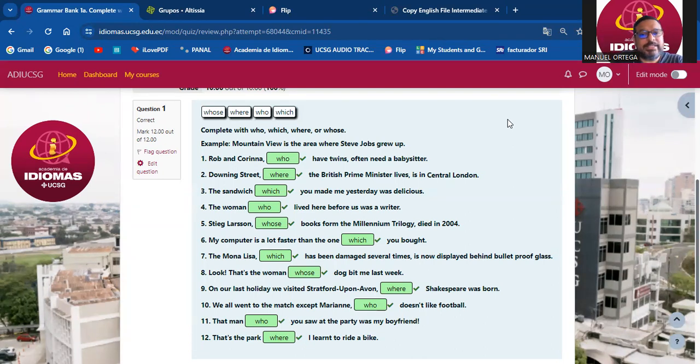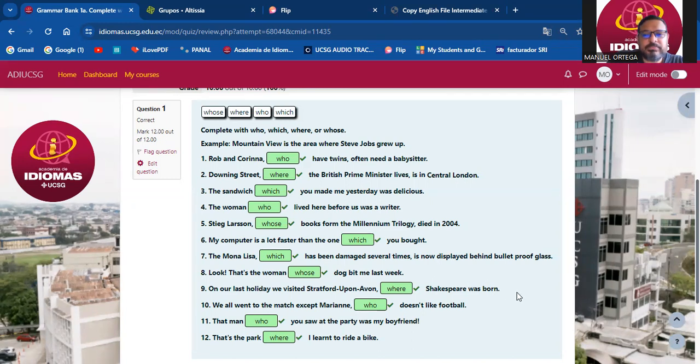Number 6, computer, which. Number 7, Mona Lisa, one super famous painting, but still an object, so we use which. Number 8, whose, because it's the dog of the woman. Whose. Number 9, where, like a place, where Shakespeare was born.